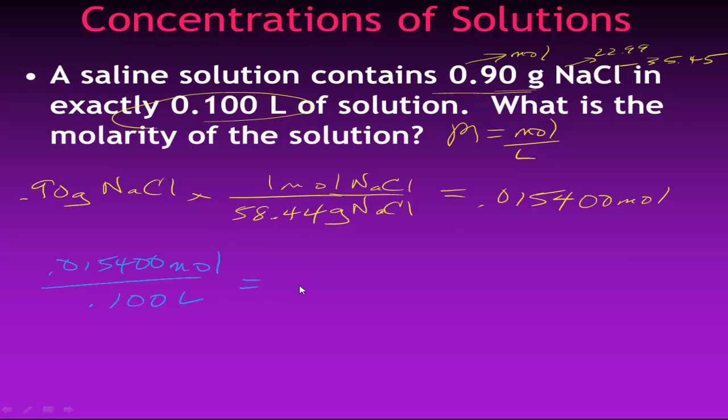Okay, and I take that and divide those two numbers, and I get 1.5 molar, capital M. So my problem only has 2 sig figs with this 0.90 right here. So my answer, I'm going to round to only 2 sig figs.